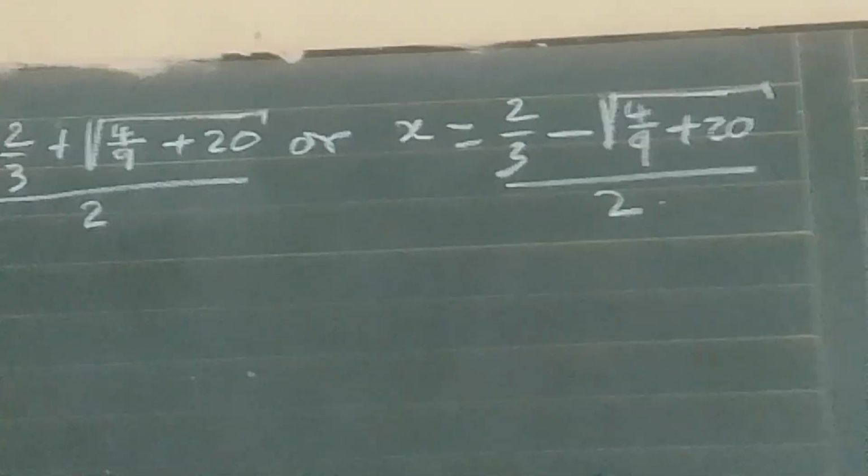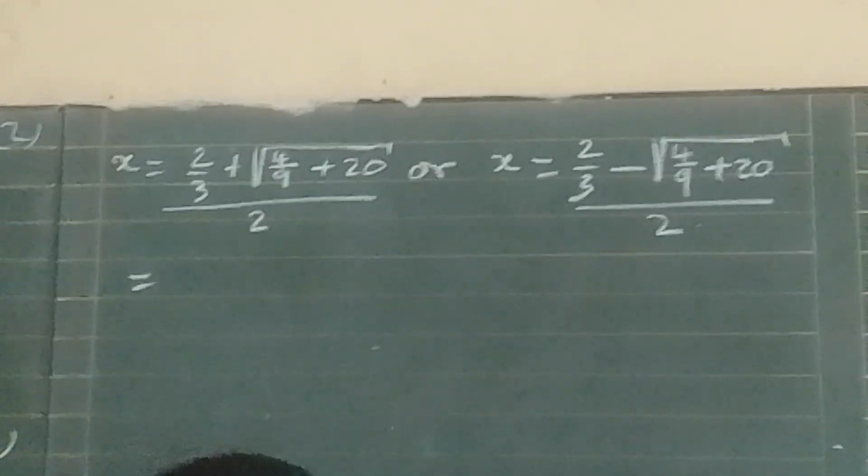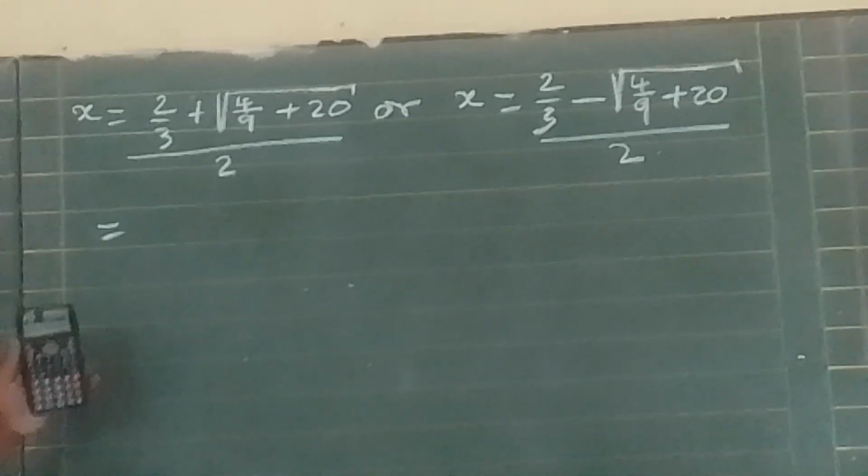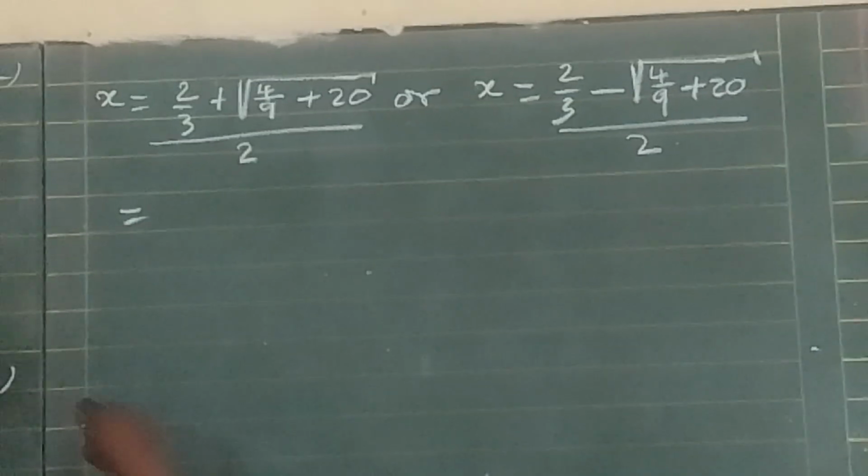Now you grab your calculator, for they told you that they want it in 2 decimal places.